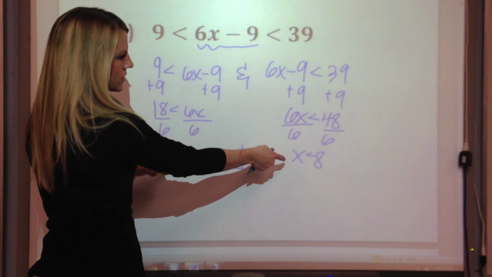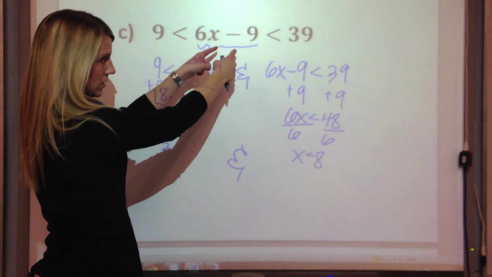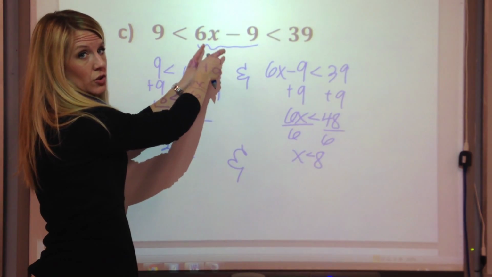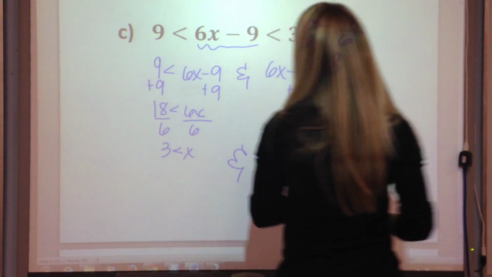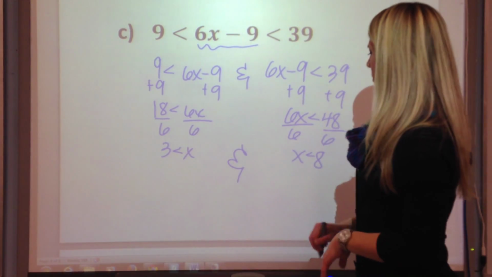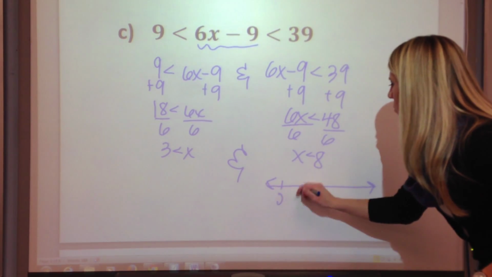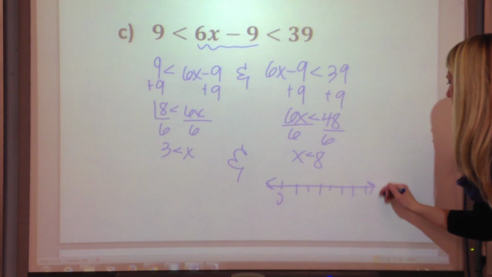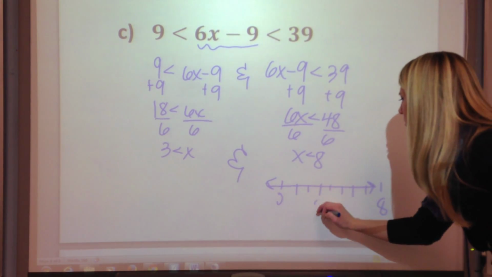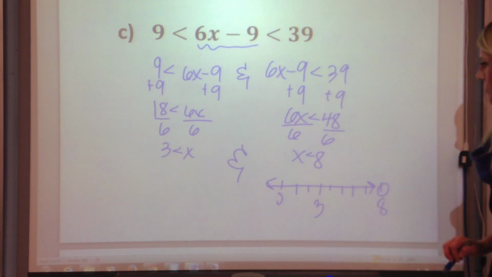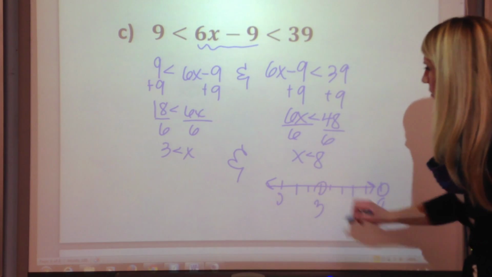Together, these solution sets are the solution to the original compound inequality. So what does that look like? 1, 2, 3, 4, 5, 6, 7, 8. x is less than 8, so there's an open circle. x is greater than 3.